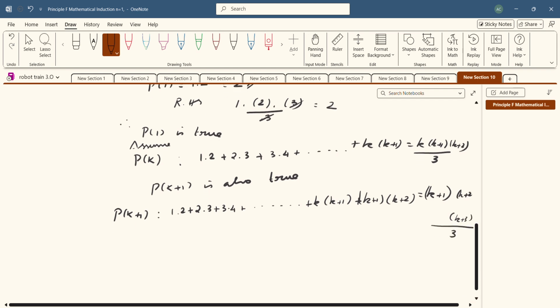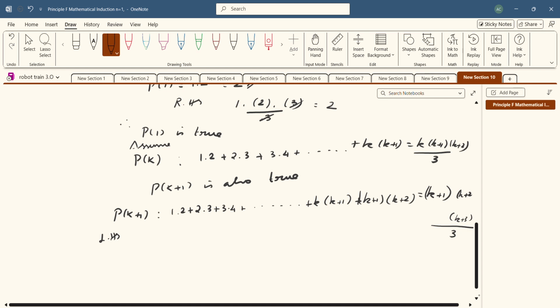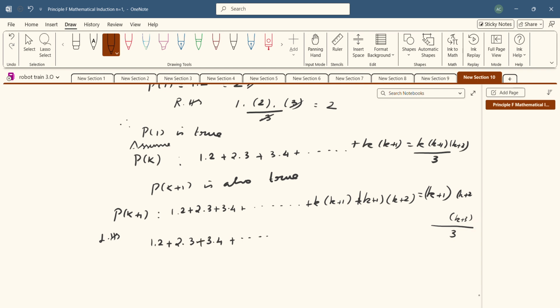We are going to prove that P of k plus 1 is also true. First I take the left hand side: 1 into 2, 2 into 3, 3 into 4 and so on, plus k plus 1 into k plus 2. This is your left hand side.